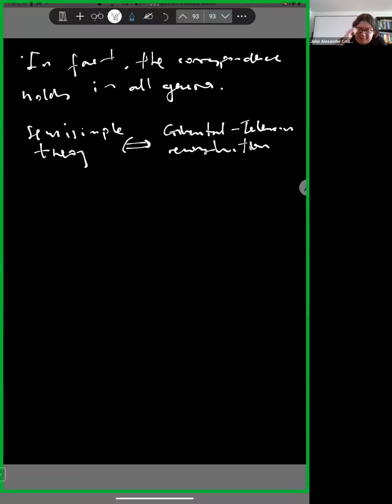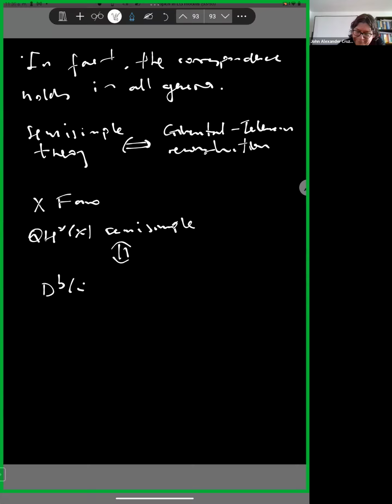There is this conjecture that if X is Fano, then the quantum cohomology is semi-simple if and only if the derived category of coherent sheaves of X has a full exceptional collection. This means that the derived category has a good set of generators, if you want, right?